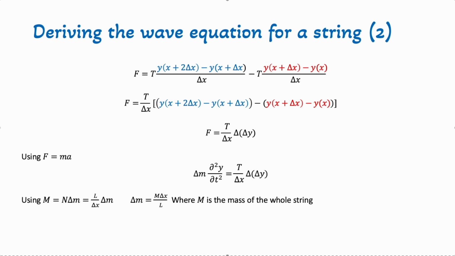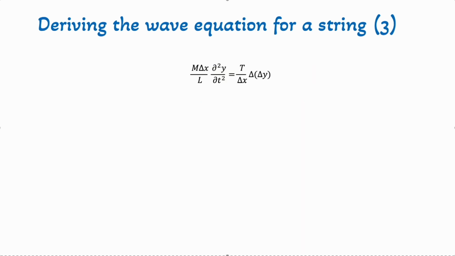Well, if we take the whole length of the string, L, and divide by delta x, the separation of those bits of mass, we must get the number of bits of mass. So we can write big M is equal to L over delta x times delta m. Rearranging that, we get an expression for delta m. So I'm going to substitute this expression for delta m into my equation here. So I get this.